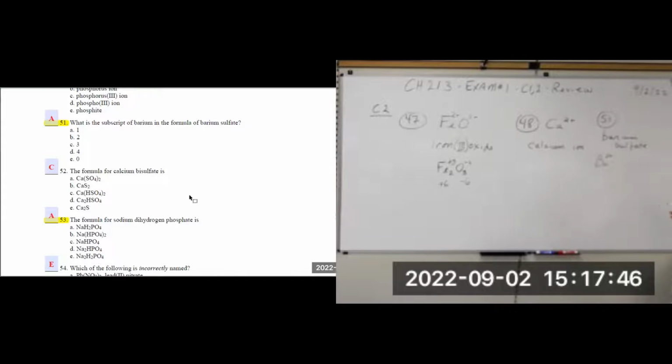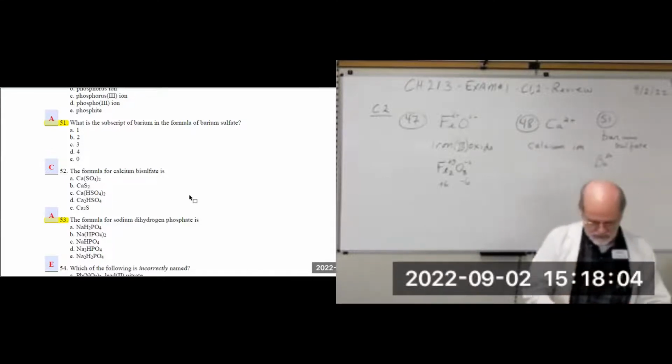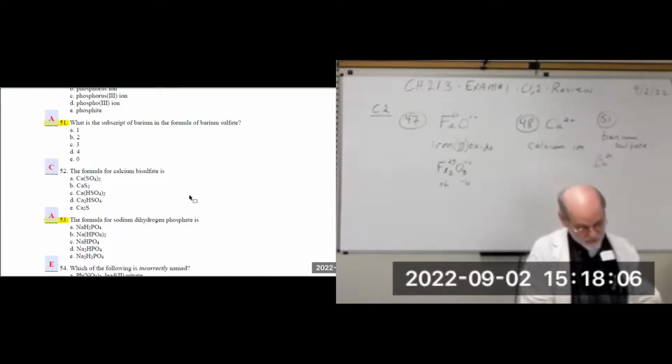Just for budgeting purposes, I'm going to put the charge there, but when you write it out, you don't have to put the charge. How about sulfate? What is it? It's not sulfide, right? Sulfide would be just plain sulfur. Sulfate is a polyatomic ion. So that's where you go to your list of polyatomics, which will be on the exam, in the back, useful information. Here it is.